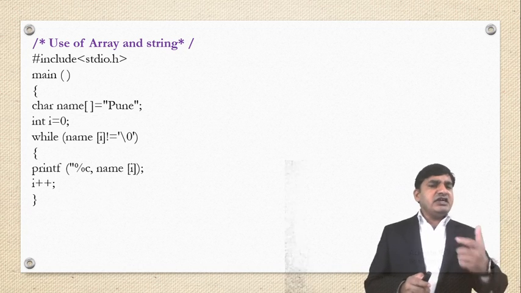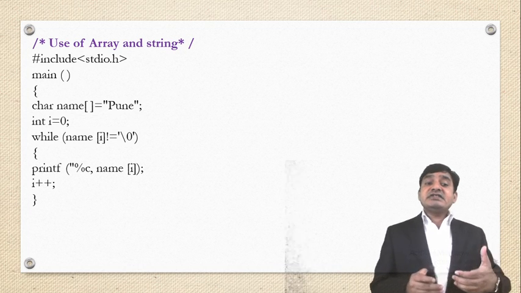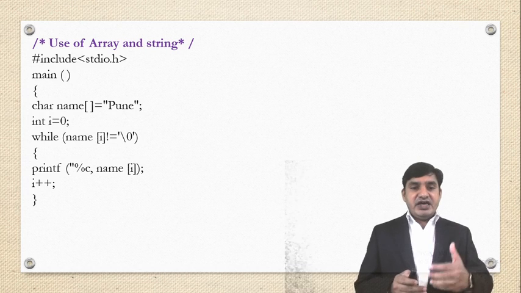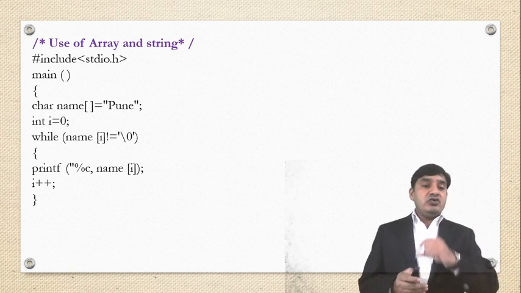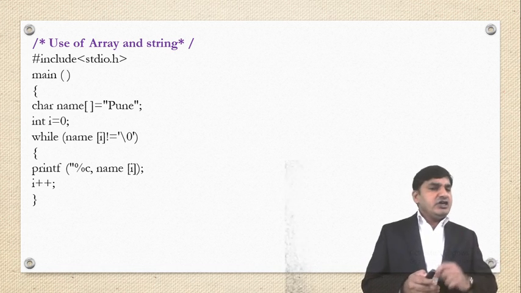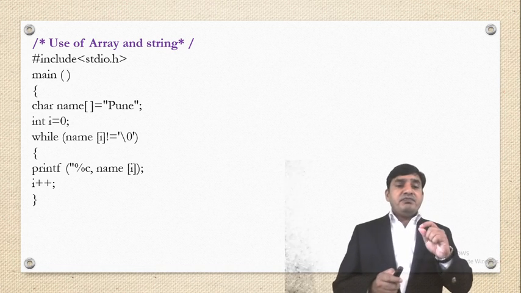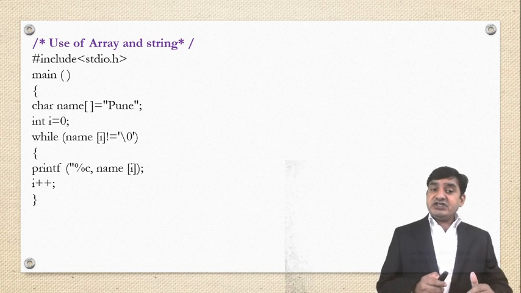Now when this condition is satisfied, then the body of the while loop is executed. So printf %c. Why %c?